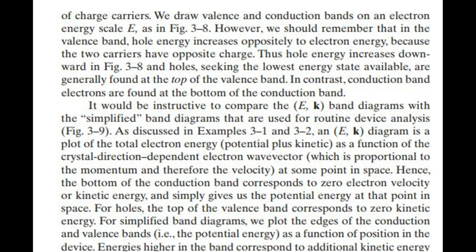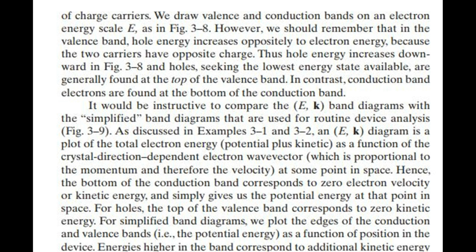However, we should remember that in the valence band, hole energy increases oppositely to electron energy, because the two carriers have opposite charge. Thus hole energy increases downward in Fig 3.8 and holes, seeking the lowest energy state available, are generally found at the top of the valence band. In contrast, conduction band electrons are found at the bottom of the conduction band.